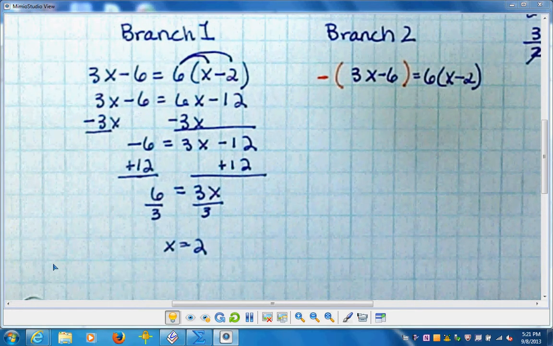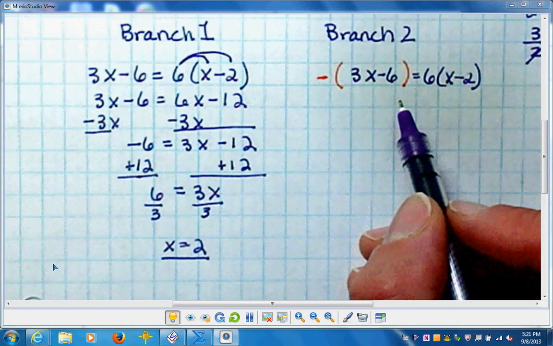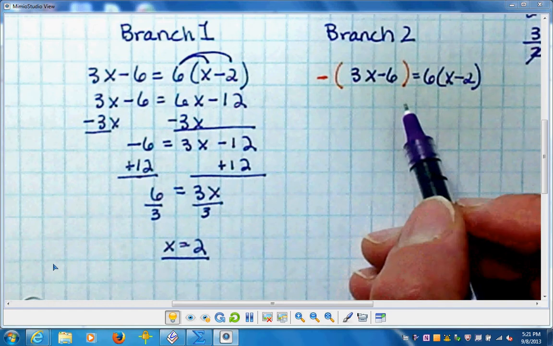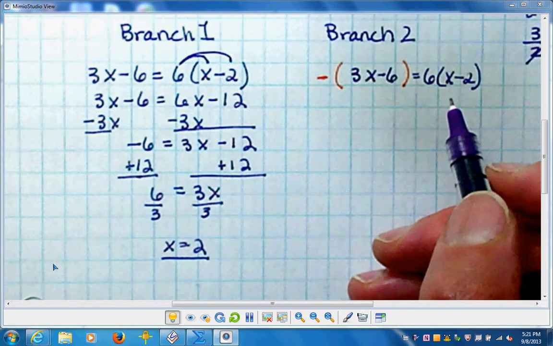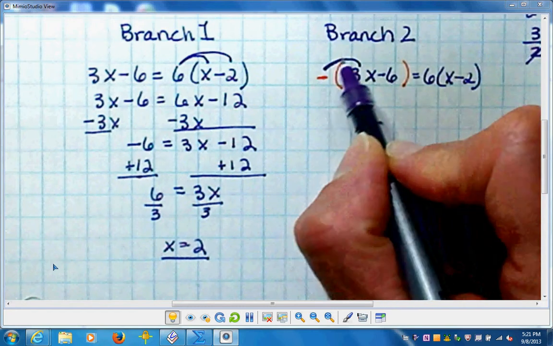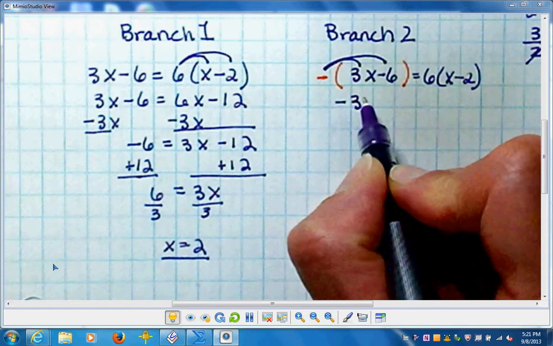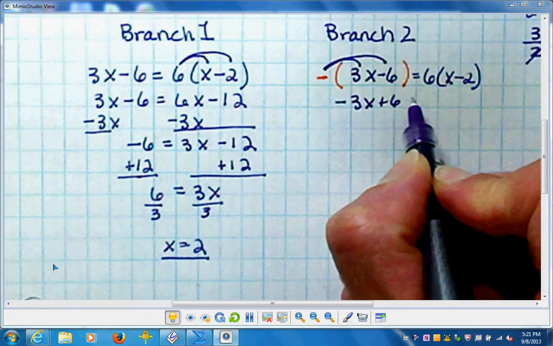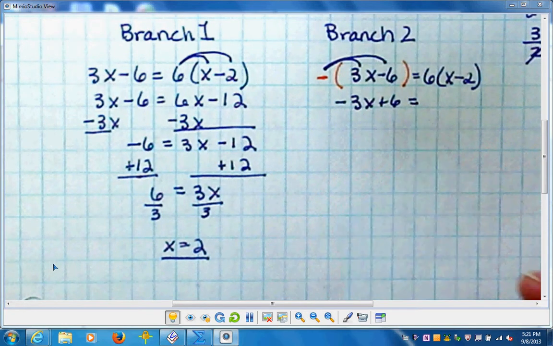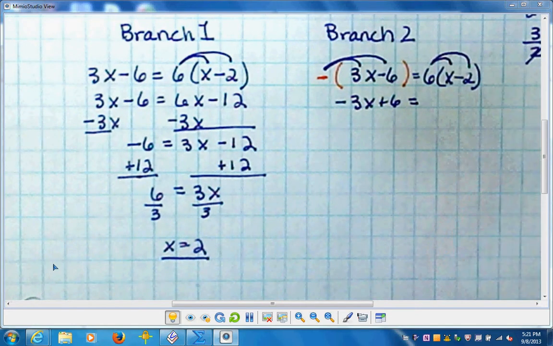So let's go ahead and do the same thing. I'm just going to put a line under that. I'm going to do the same thing to the other side. Okay, so in this case, just because it's ugly all the way around, let's go ahead and distribute that negative in on this side. So I'm going to get negative 3x plus 6 equals, and then I'm going to distribute the 6 in on both sides.